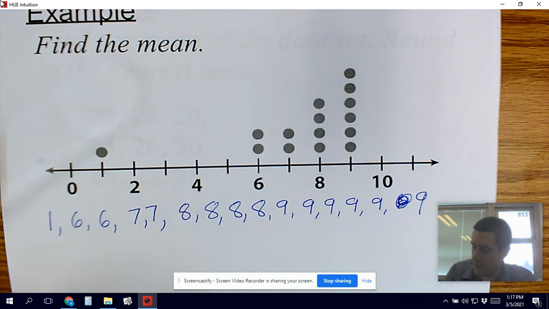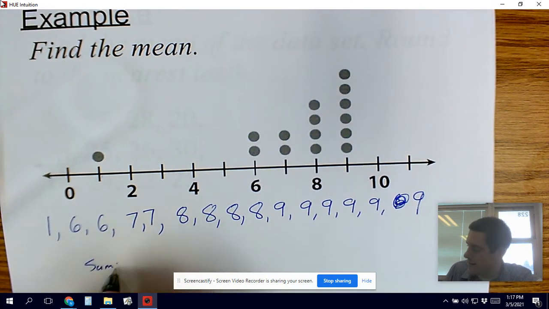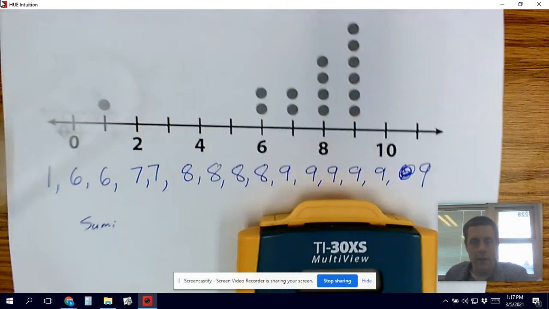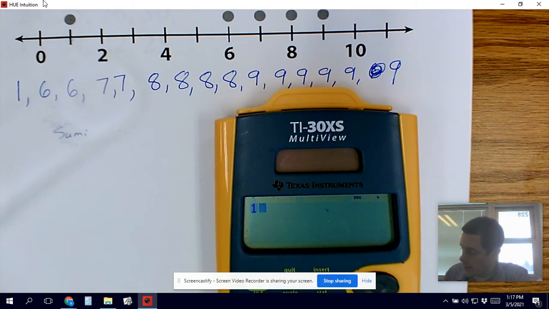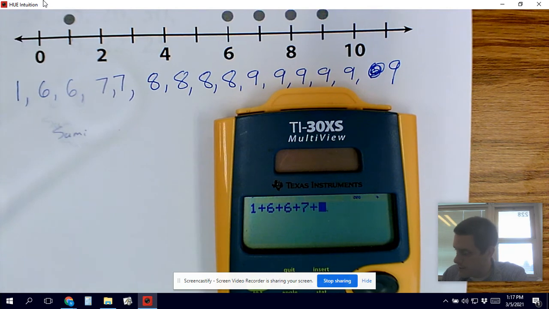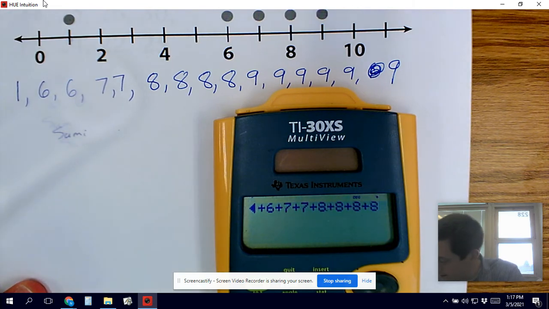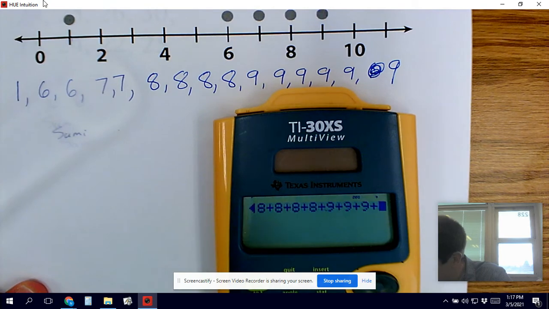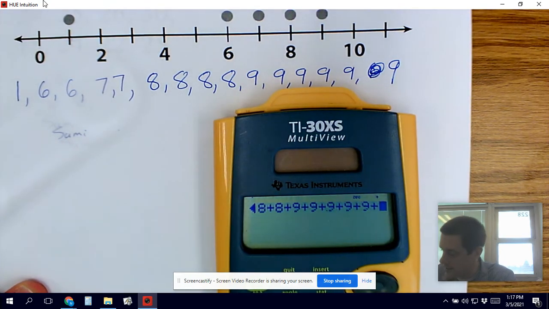We're ready to calculate the mean. Step 1, find the sum. Let's add these together. 1 plus 6 plus 6 plus 7 plus 7 plus 8 plus 8 plus 8 plus 8 plus 9 plus 9 plus 9 plus 9 plus 9 plus 9.